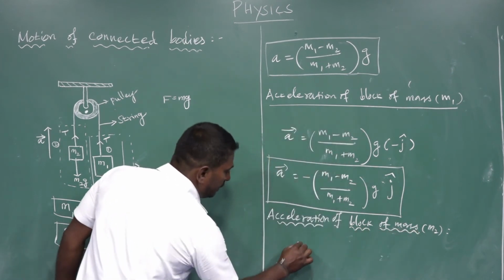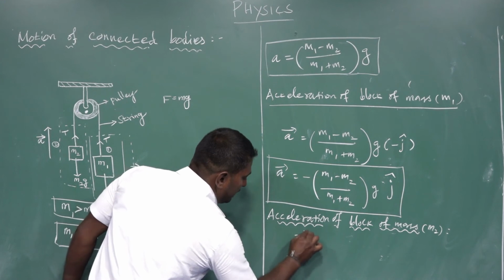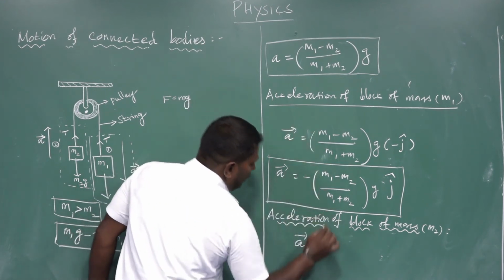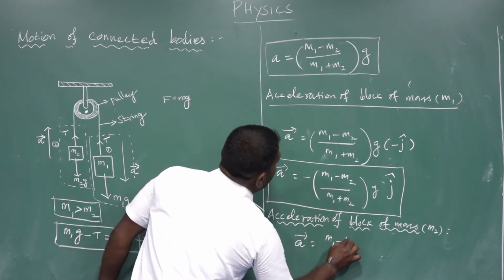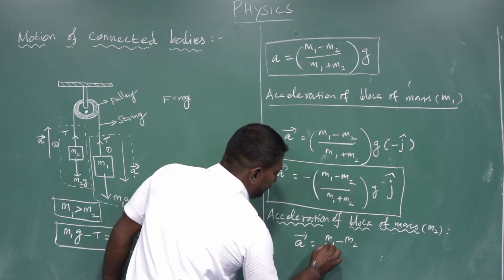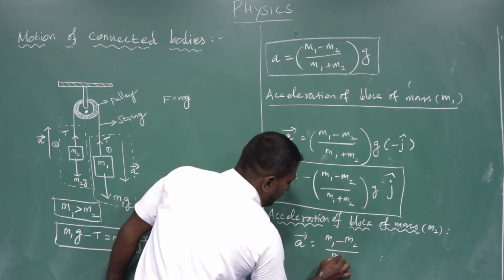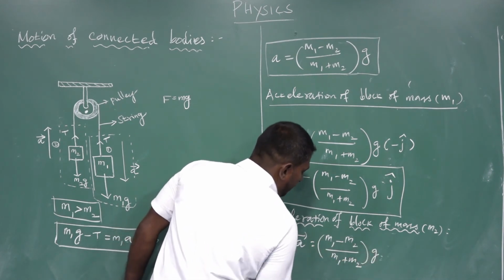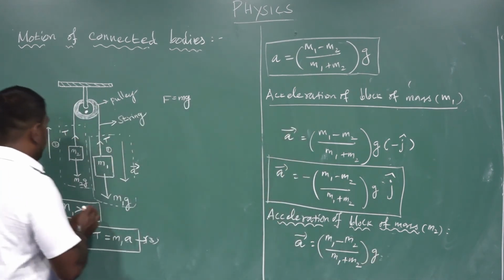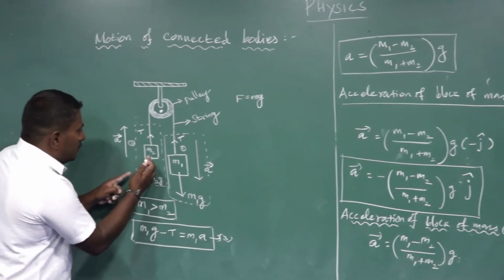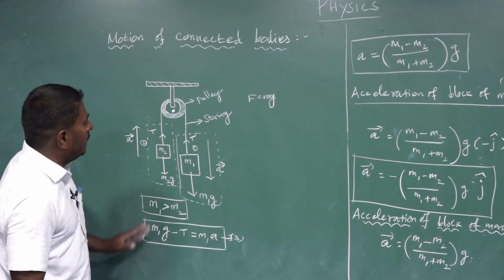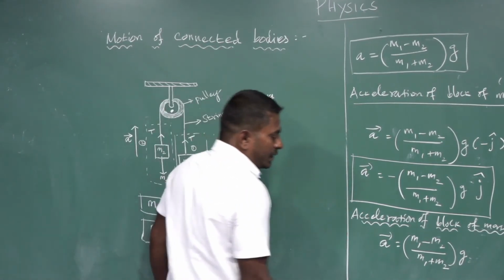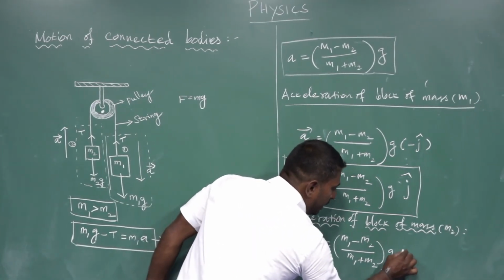In vector notation, A vector is equal to M1 minus M2 divided by M1 plus M2 into G, but that acceleration direction is along the positive y-axis, so it is given by the unit vector j cap.